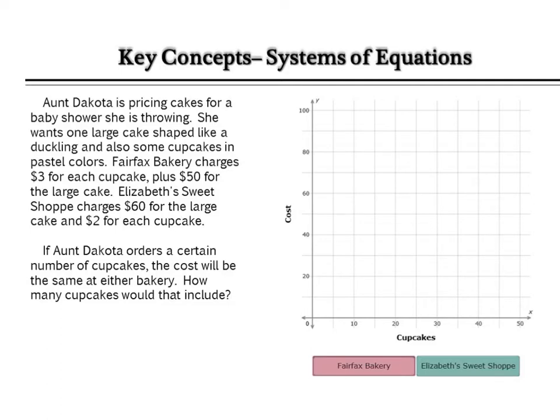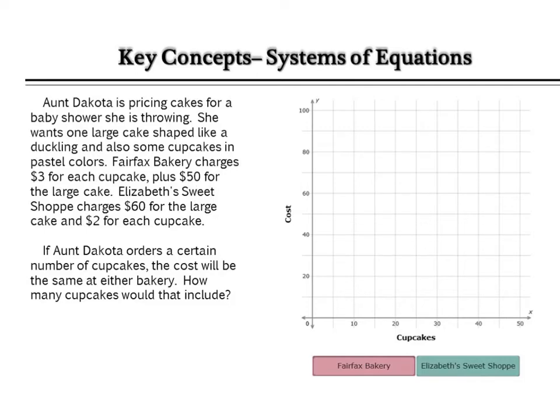So we're going to find the point of intersection and find out how many cupcakes would be at the point of intersection. So cupcakes is on our x-axis. I'm going to look at Fairfax Bakery. It's the one in red. They charge $50 for the large cake.